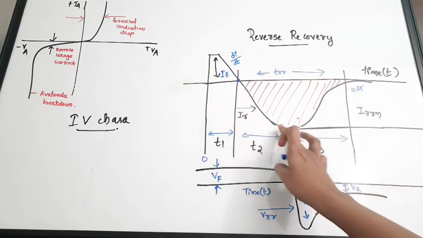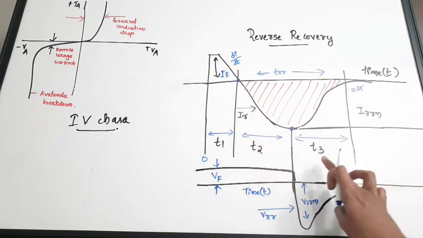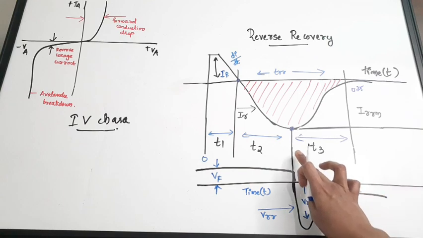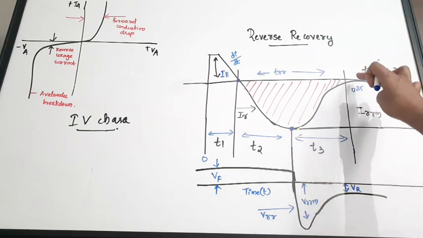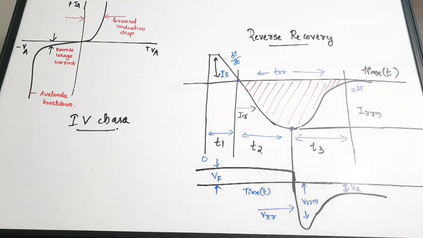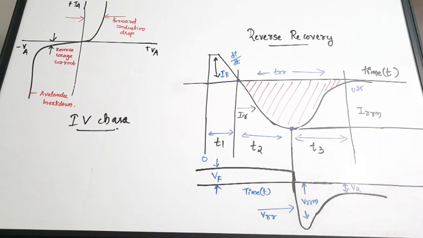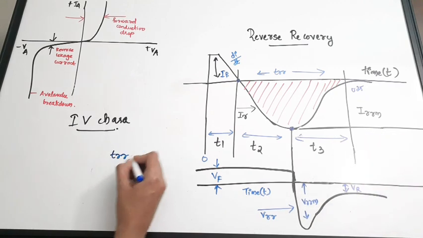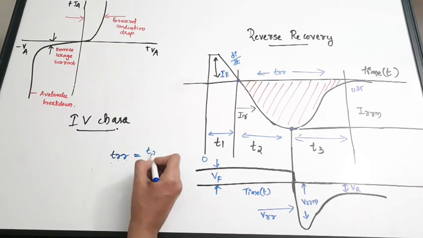So this time period between this 0 and the negative peak is called T2, and in T3 it is rising from the negative peak to 0.25 of the negative peak, or 0.25 decay is happening to this negative value. This time period, T2 plus T3, we take as TRR, that is reverse recovery time.